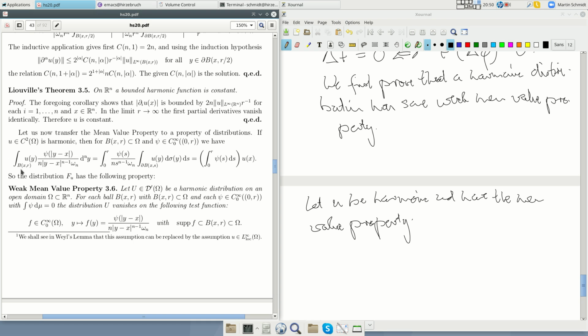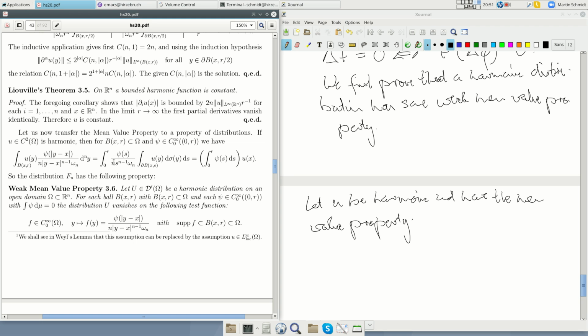We calculate u of y times this function here. Phi is any function with compact support in the interval, so it's a real function on the interval from 0 to r with compact support. So we may extend it outside by 0, so it's also a function with compact support on the whole real line. Then we insert here the distance, and here is also the distance.